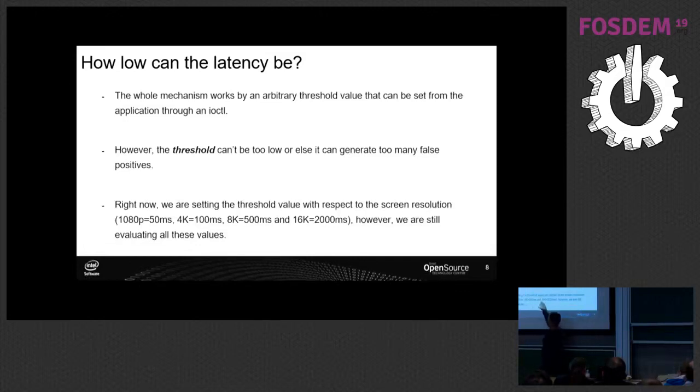We don't have such big displays right now, but these are the values that we think we should use. And of course, this is still under investigation, and if people have other ideas on what values we should use, then feedback is welcome.